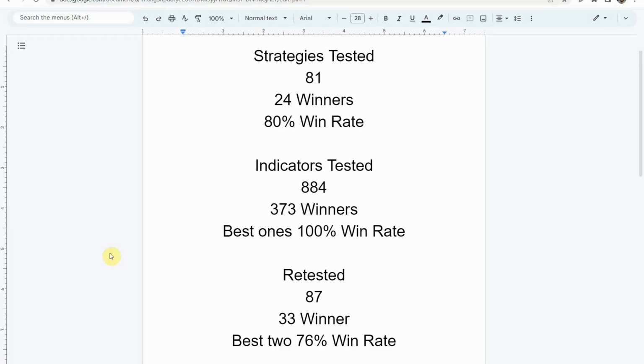Now, if you are interested in a full list of the strategies and indicators along with their win rates, we've compiled all that information into spreadsheets, which you will get when you become a patron of the channel. Keep in mind that we test most of these strategies and indicators on the Forex and crypto market, but they can be applied to just about any market and time frame universally.